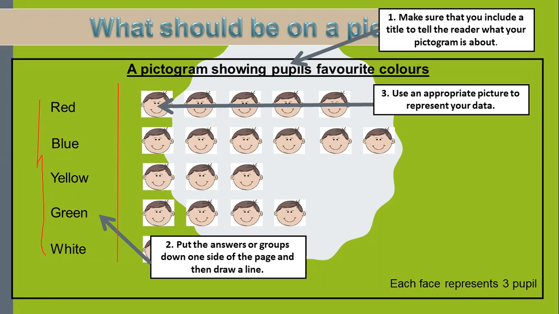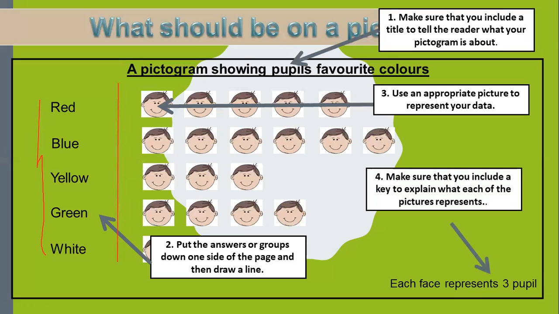And it is better to use a suitable picture, menggunakan gambar yang tepat ya. In this case, because we talk about the favorite color of the children, you may use a picture of a person, or you can also use an emoticon and others. Yang jelas ada hubungannya dengan judul yang kita ambil.